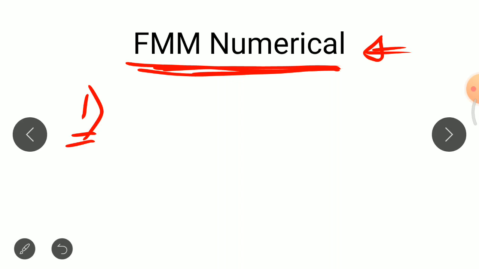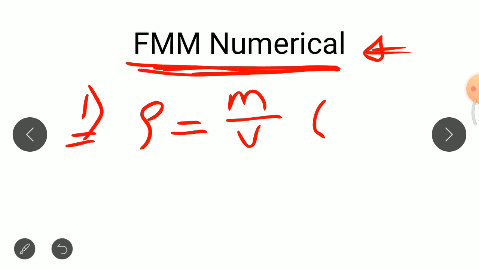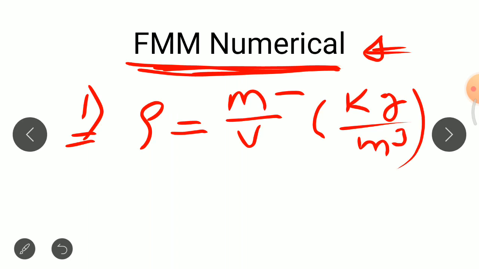तो फर्स्ट वन इज अ मास डेंसिटी. It is denoted by rho is equal to mass per unit volume and its unit is kg per meter cube, because the unit of mass is kg and unit of volume is meter cube. The second one is weight density, or we also call it as a specific weight.